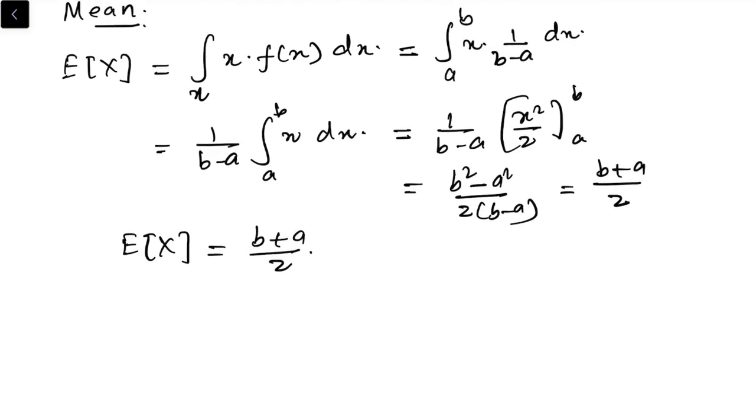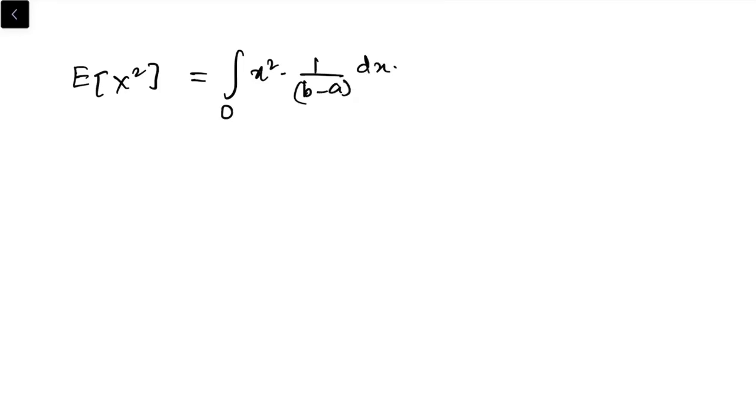Now let's see how we can derive the variance. For variance we need the expectation of x squared. So the expectation of x squared is the integration where we replace x with x squared, times the PDF, which is 1 over b minus a, dx. The range of x is a to b.